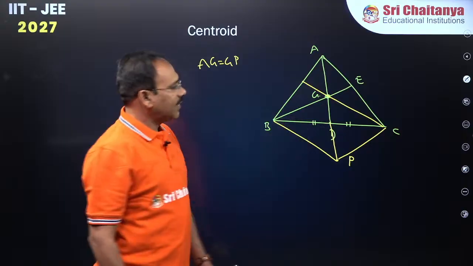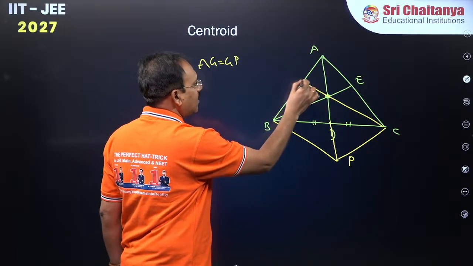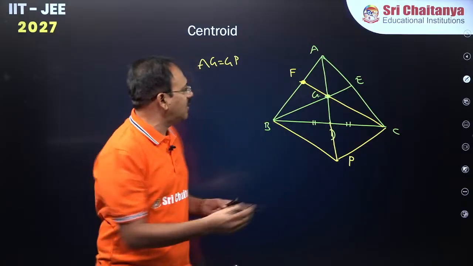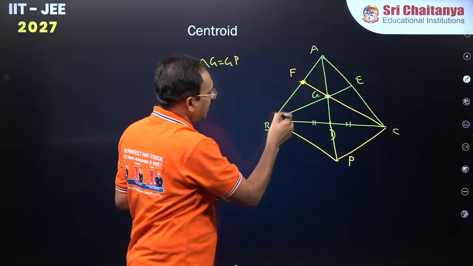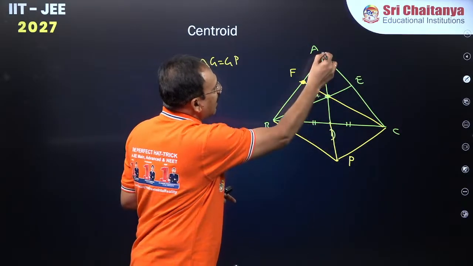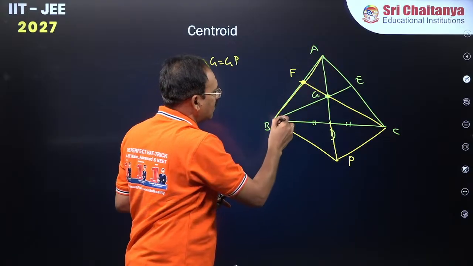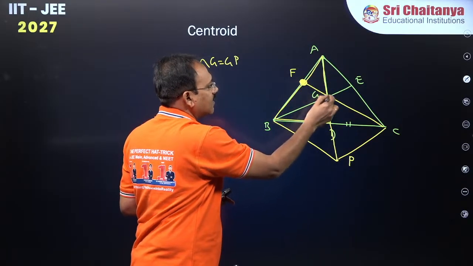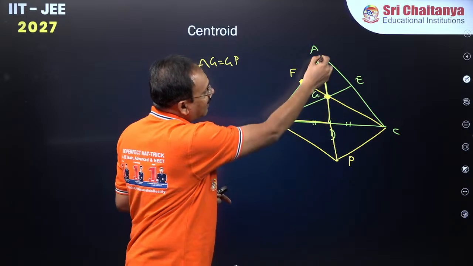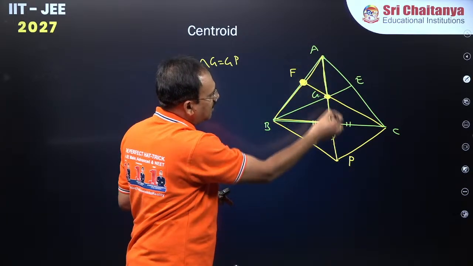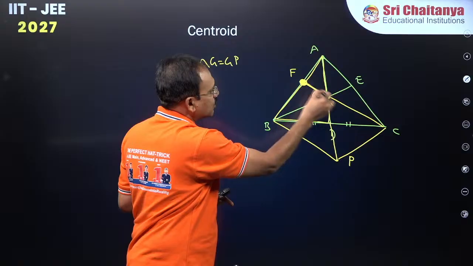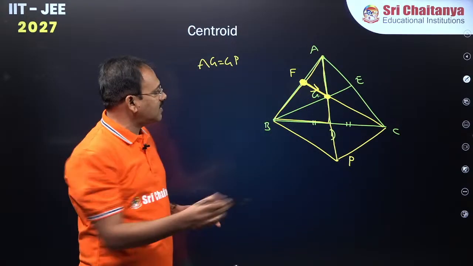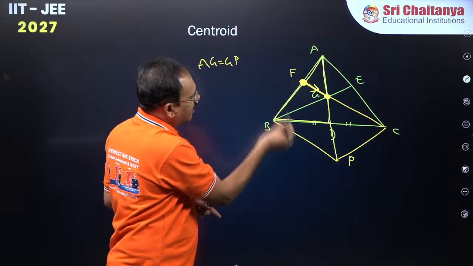Since it is a median, D, E, F are the midpoints. Now the midpoint theorem: in triangle ABD, F is the midpoint of this side, and G is the midpoint because AG is equal to GP. The line segment joining midpoints is parallel to the third side and half of it.